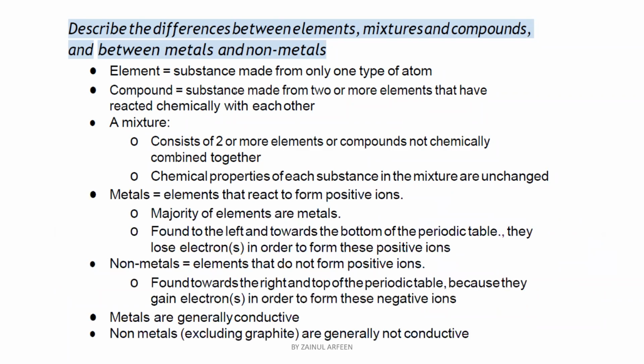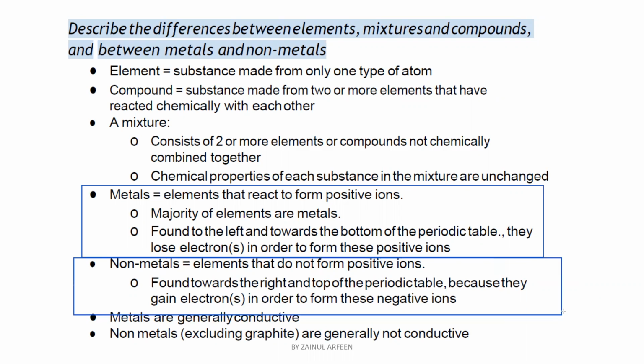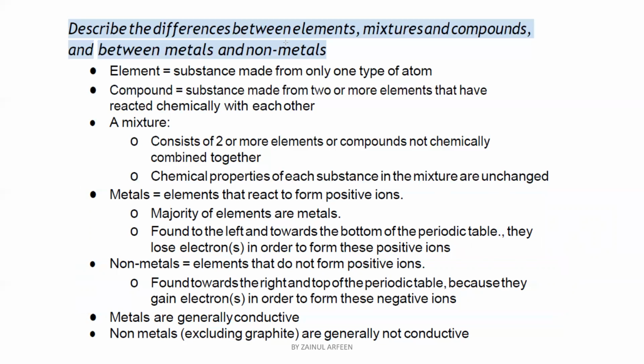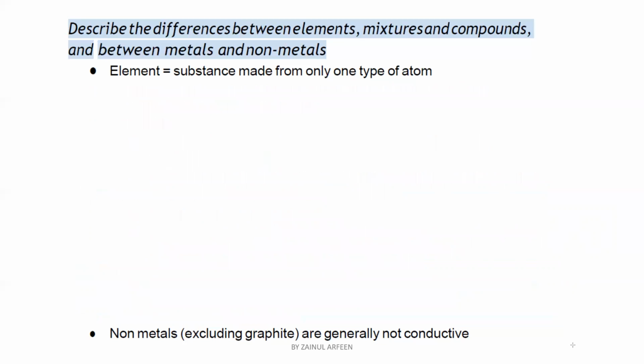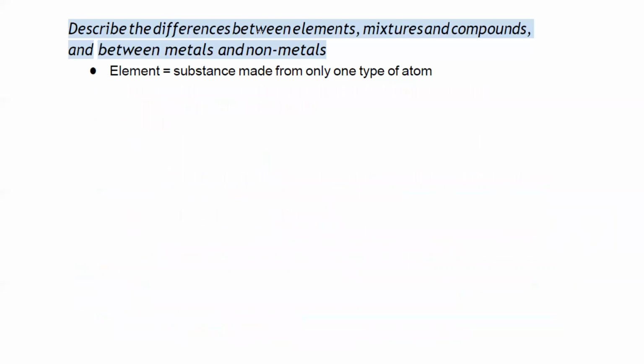Then elements can be classified as metal and non-metal. So how can we identify the element? Actually, these are the classes of the element. When you have an element, the element might be a metal or it might be a non-metal.